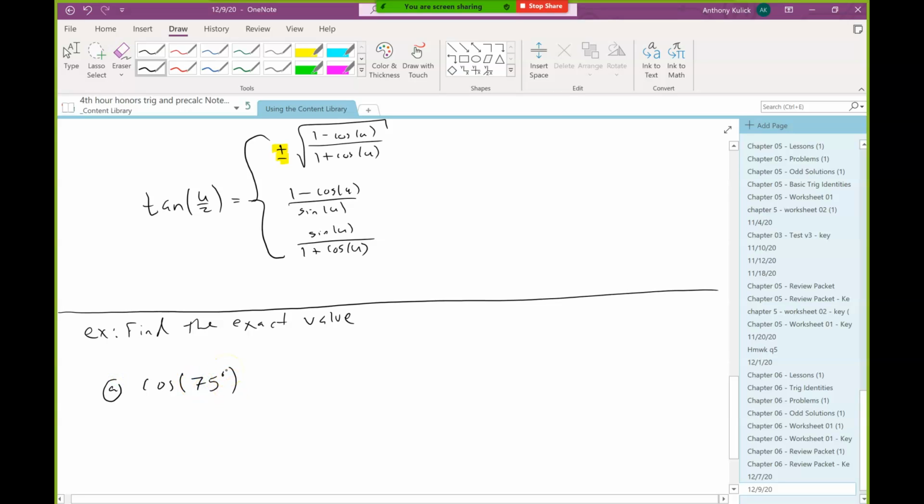So let's say we're going to find the exact value of cosine of 75. And for the sake of argument, since we're talking about these half-angle identities, I'm going to use my half-angle identities to do this. I recognize that you could use sums or differences to do this as well.